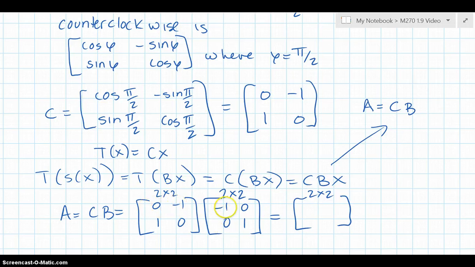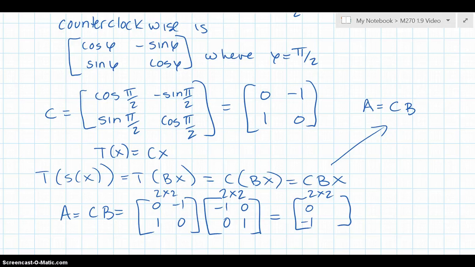So you take this first row times this first column, and what you get is 0 times 0. And then to get the second entry, it's just like the vectors, it's the second row times that first column. So you get a negative 1 plus 0. Now to get this, you're just going to use the second column. So you take the first row times the second column. First row times the second column is going to give you the first row and second column here.